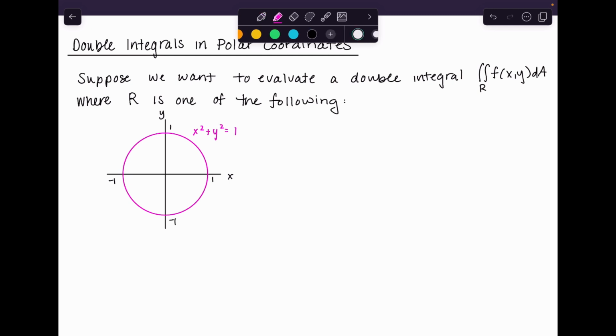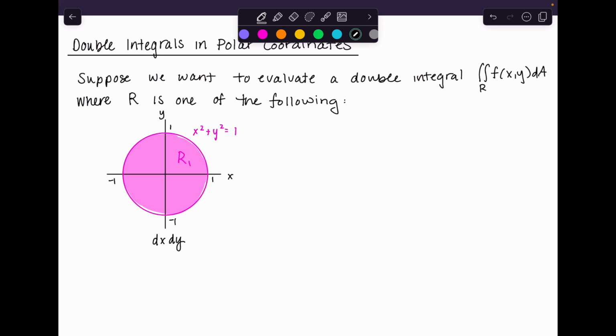And here is R. I'll call this one R1. If I wanted to integrate this with respect to x and y, one of the bounds is easy because it's the constants that this changes between. Say you set this up in the form dx dy.